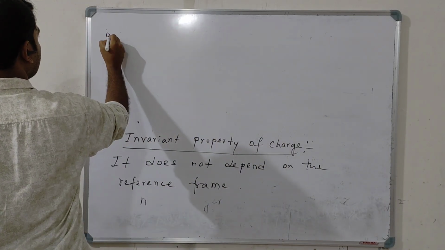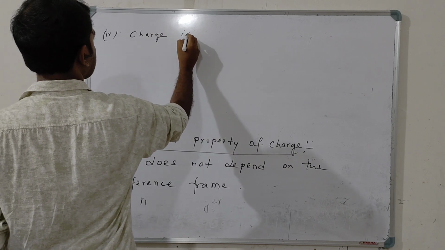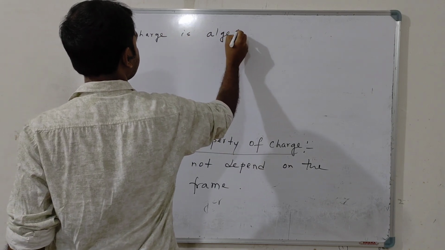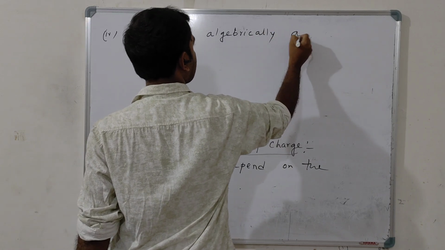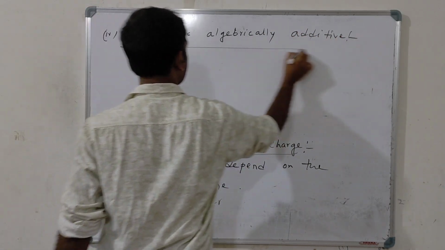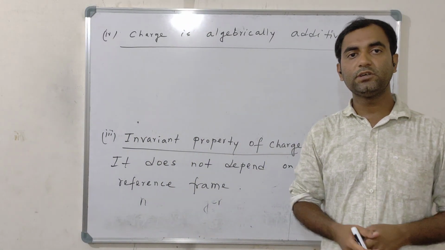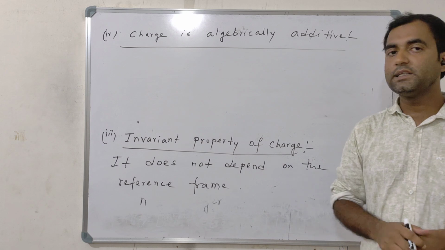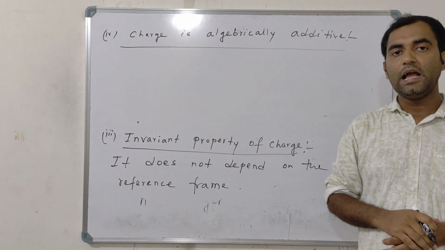Okay. Charge is algebraically additive. Charge is a scalar quantity, so there is no need to add it by the vector process. We can easily add them algebraically.